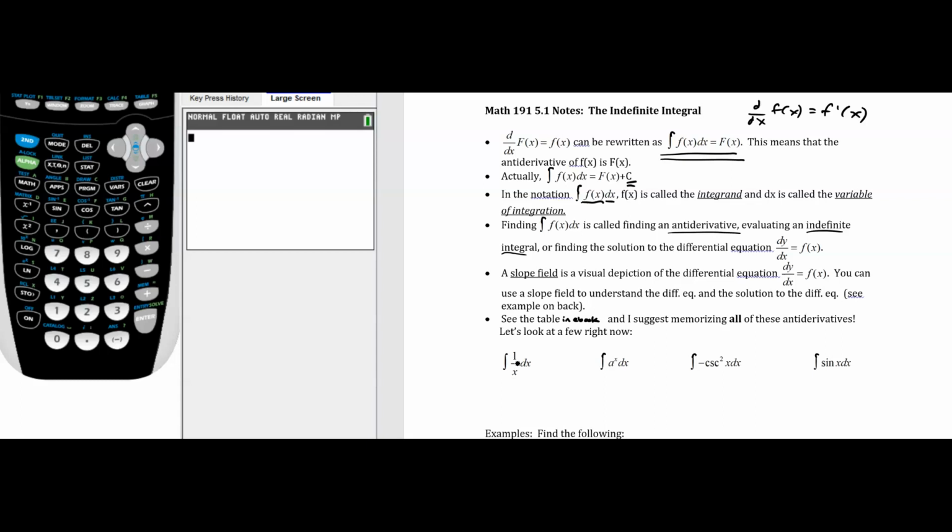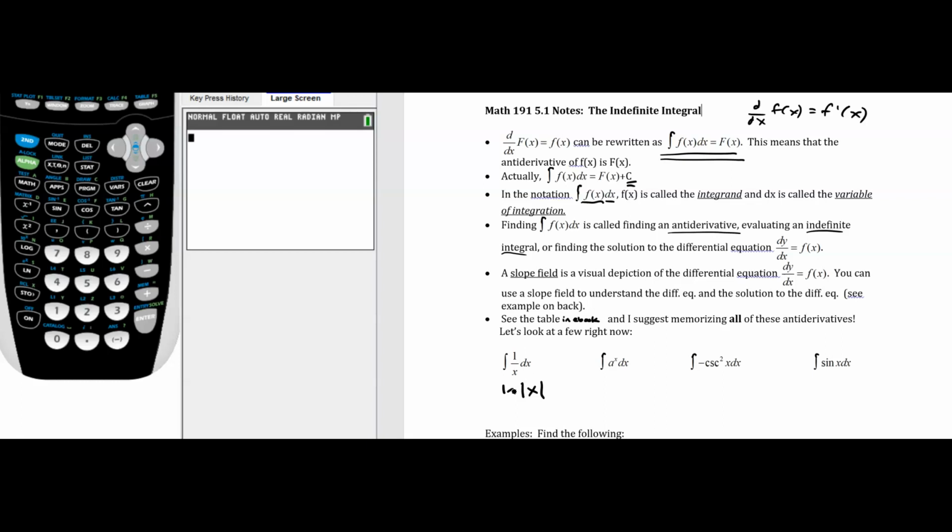This basically says what function has 1 over x as its derivative. Well, that function is the natural log of x. But to be technically correct, we need to say the natural log of the absolute value of x, and the reason is, in this context, there's no restrictions on x.